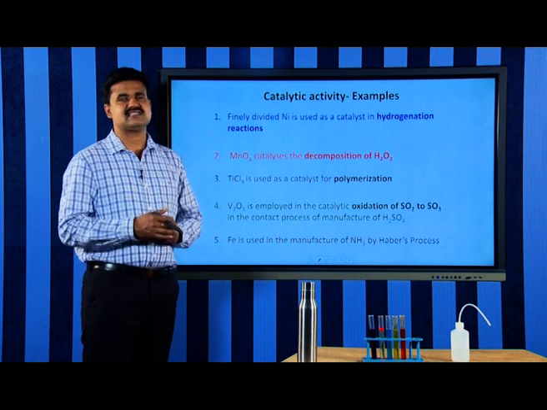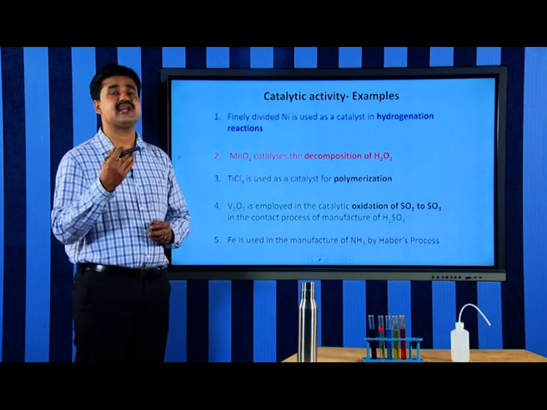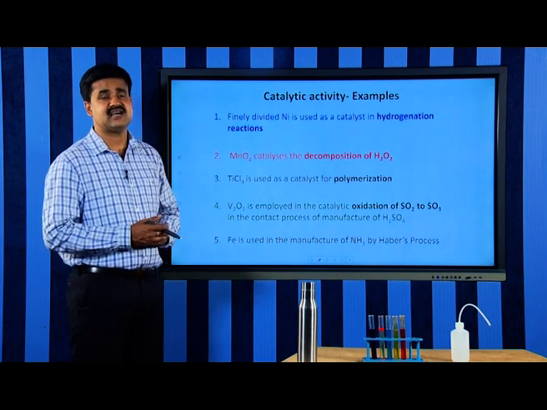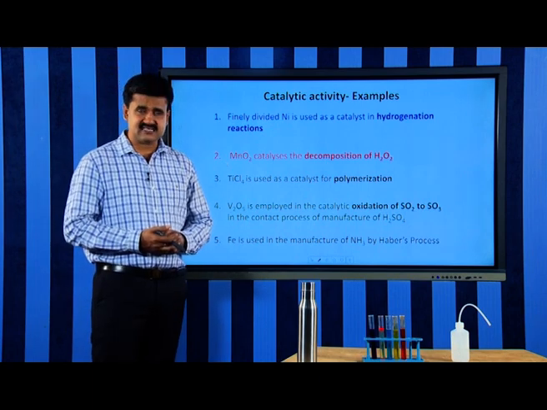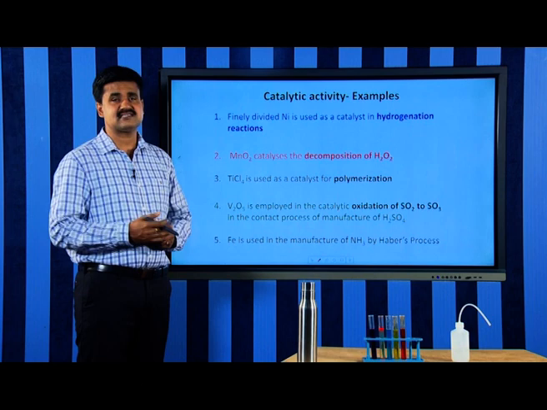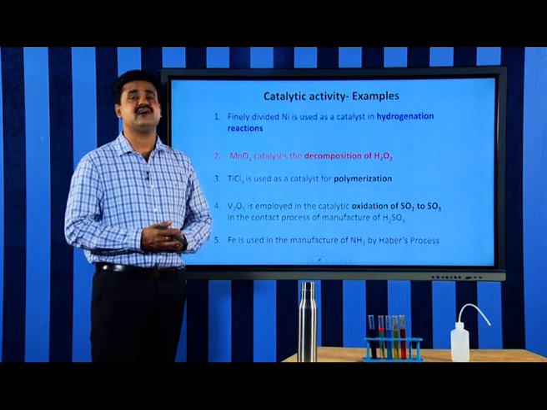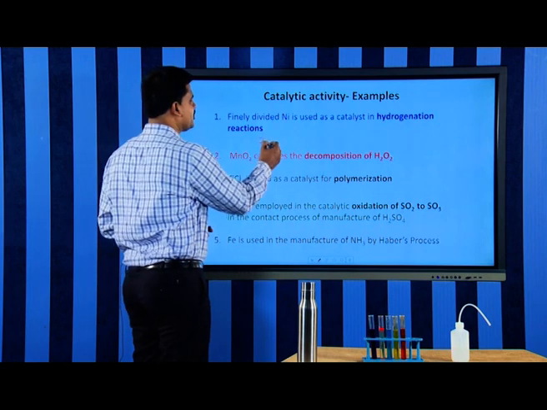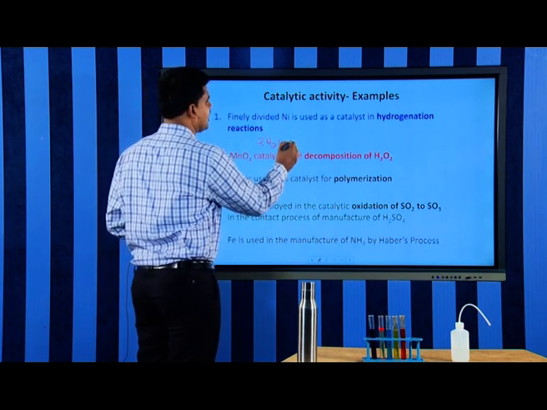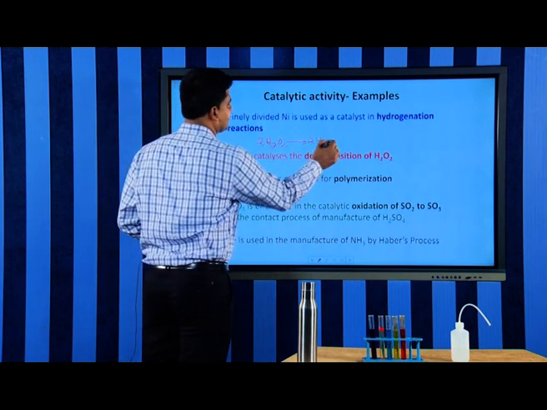This nickel catalyst is highly useful in the hydrogenation of oils and fats. Manganese dioxide is a catalyst which catalyzes the decomposition of hydrogen peroxide. Hydrogen peroxide decomposes to produce water molecule and liberate oxygen.